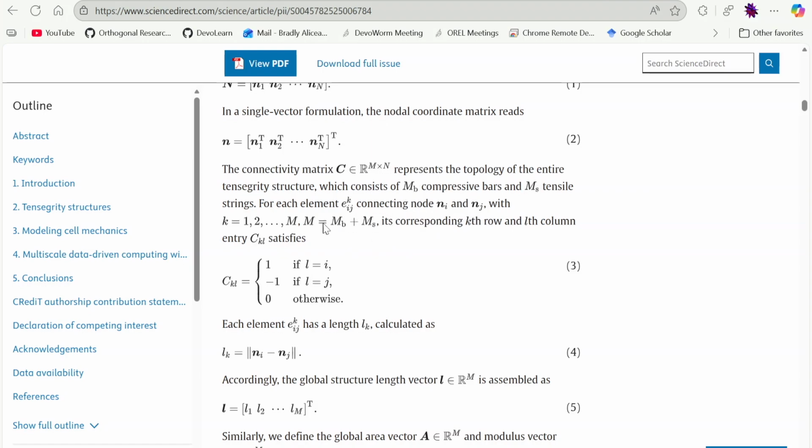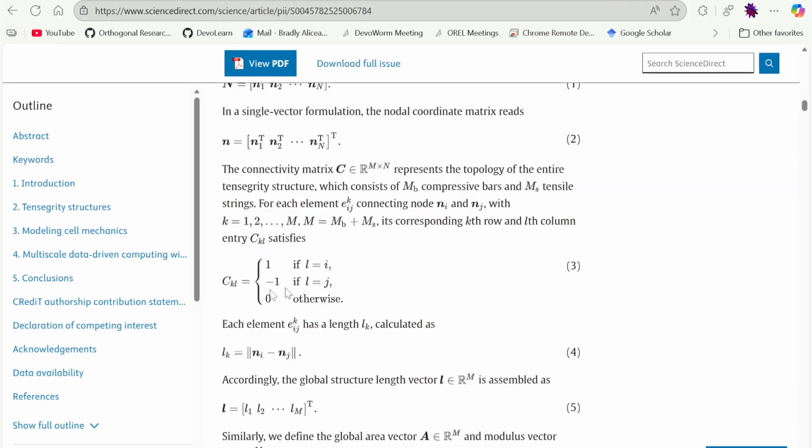You have the compressive bars and the tensile strings, and that's combined into this M here, which is its corresponding kth row and ith column entry C_kl. So you have this conditional where you have 1, -1, and 0.